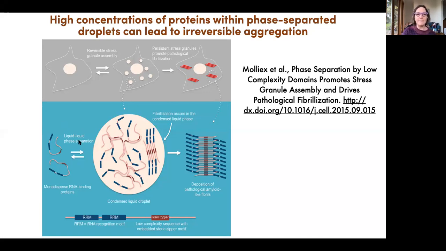Because one thing that can happen when you concentrate molecules within a condensed phase is if it gets too concentrated, or if there's a mutation that makes the protein prone to aggregation, this concentration of the protein can drive an aberrant aggregation process.